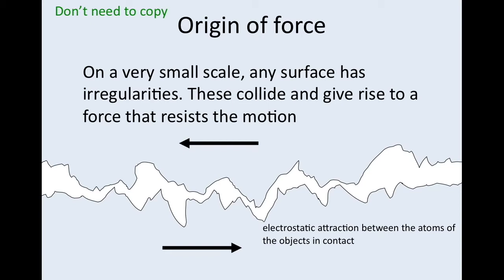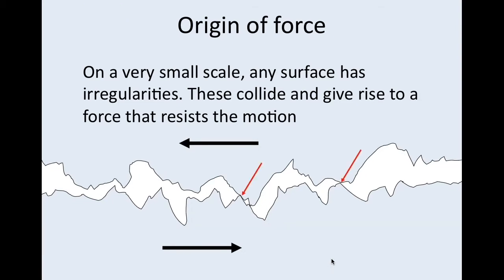Depending on how many troughs and peaks there are, this will dictate whether or not there is a high level of friction. What causes this is electrostatic attraction between the atoms of the contact, which makes them crash into each other and not allow another object to slide over it.